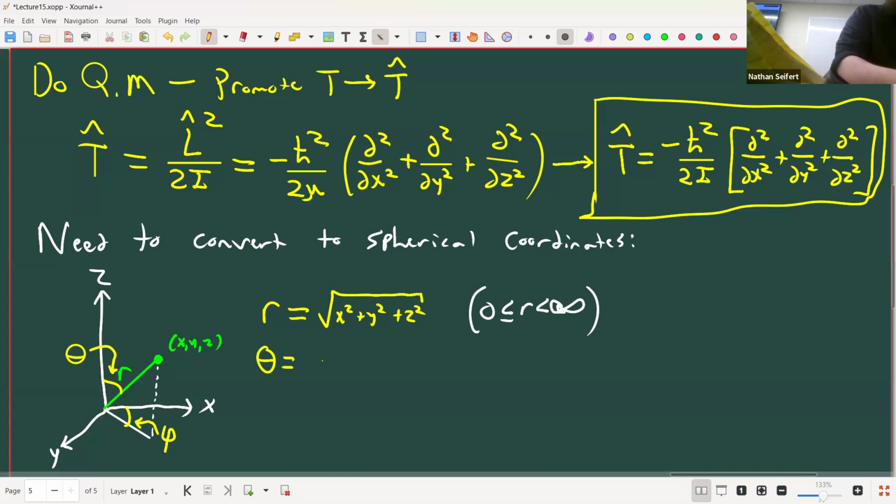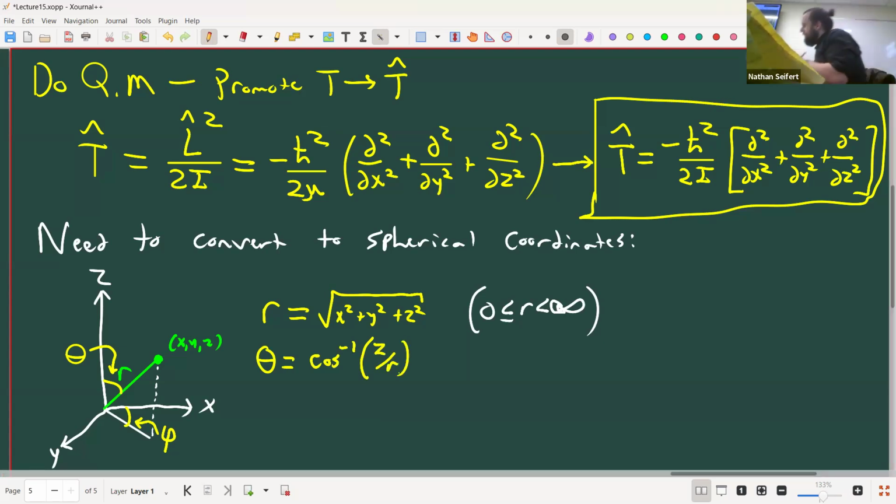Theta is the inverse cosine of z over r, and theta tells you which way you're pointing along z. The pointing along z can vary from plus z to minus z. Plus z gives you a theta of 0. Minus z gives you a theta of pi. Theta is defined between 0 and pi, inclusive.